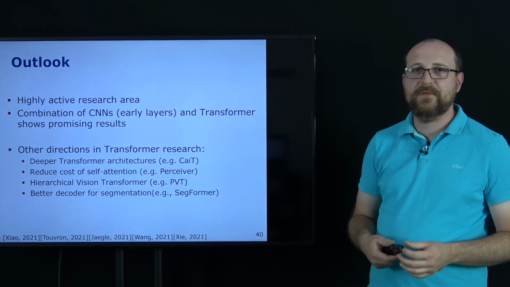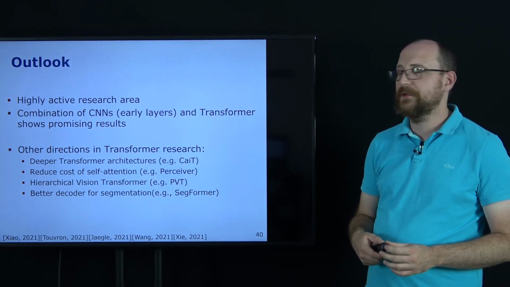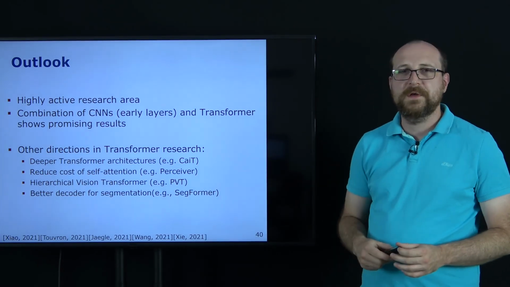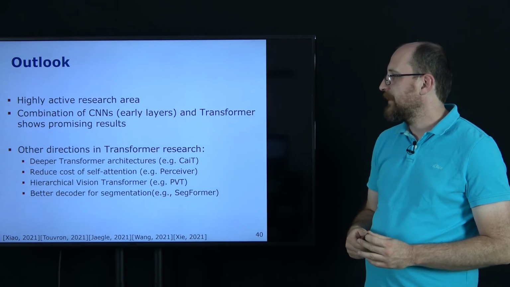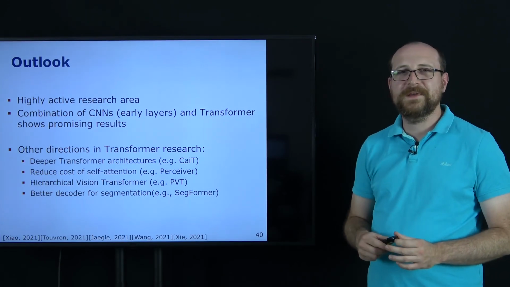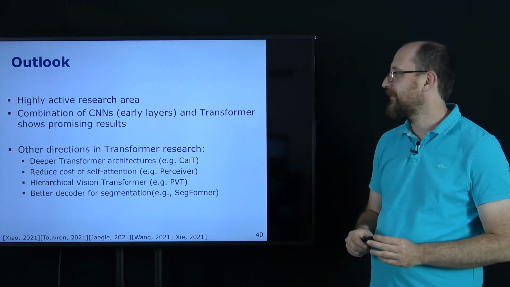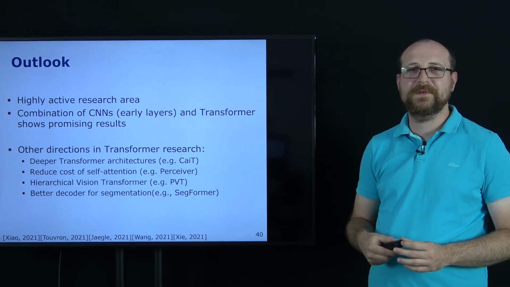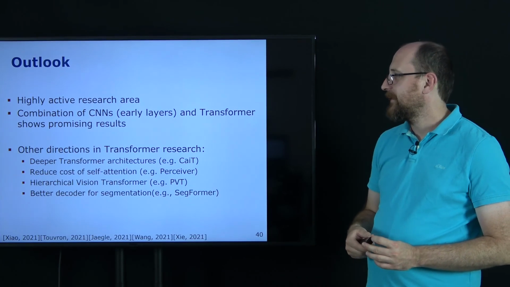Some other directions for transformer research is of course using deeper transformer architectures. So maybe going a little bit back to the beginning of CNNs, where we had problems with training deep architectures, which were then overcome with the skip connections and using something like this.